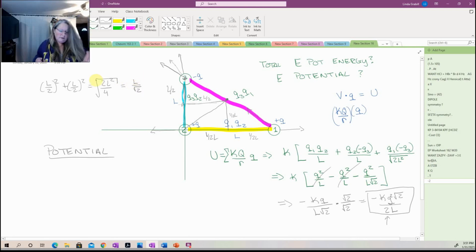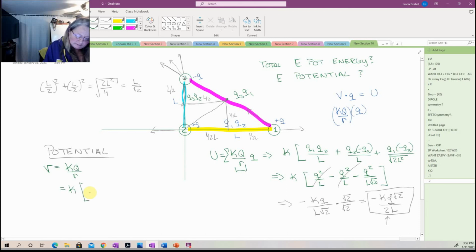The 2 and the 4 simplify to L over 2. There's my square root of 2. That's my R. All of them have the same R. So V equals, let's see, K, and then Q, didn't I write that down? Here's my potential, KQ over R. Just like my potential energy, I'm going to add everything and use the signs.